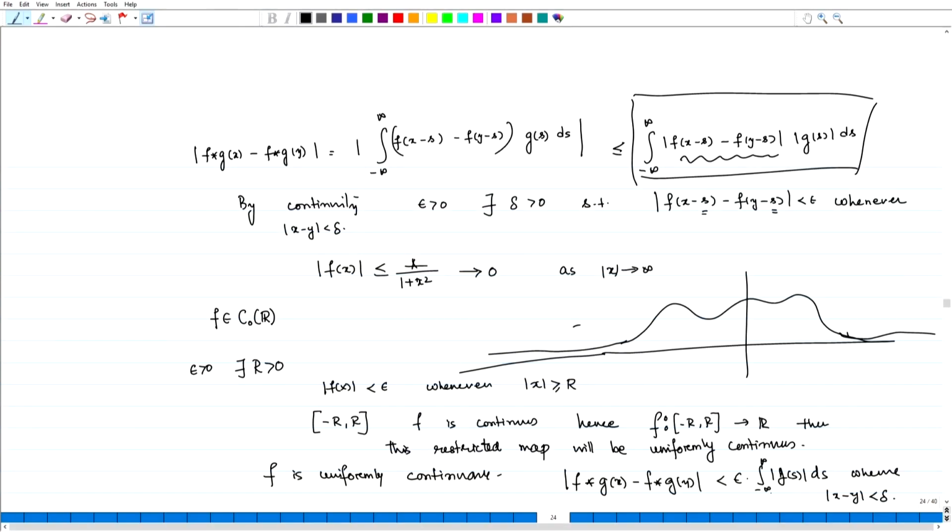Anyway, this is a finite number, and I can choose my epsilon to be small. So, this also says that assuming the continuity of f, and f and g both having moderate decay, f convolution g is also a continuous function.